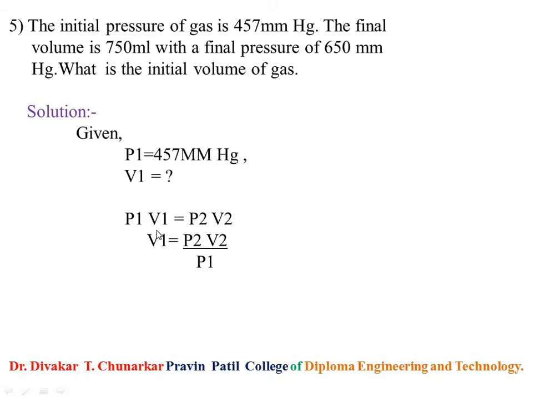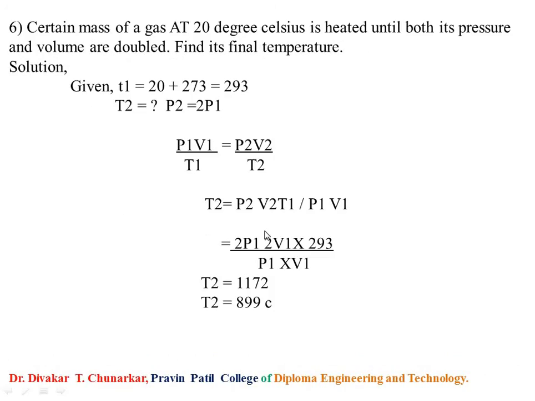So we have to find the value of V1 equal to P2 V2 upon P1 and put the value of P2, that is 650 mm, V2 750 ml and value of P1 is 457, and calculate yourself and find the value of V1.